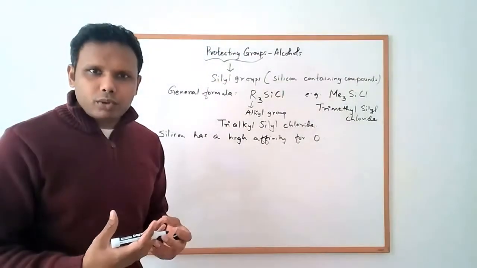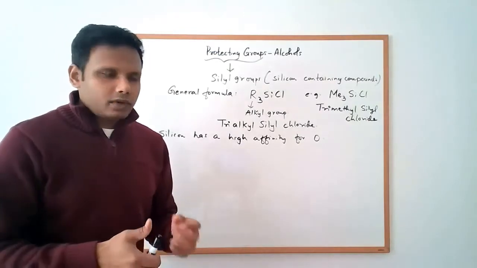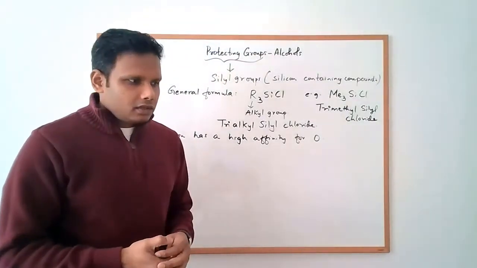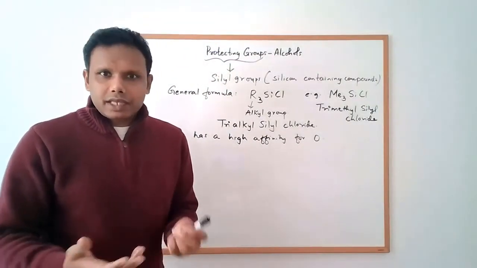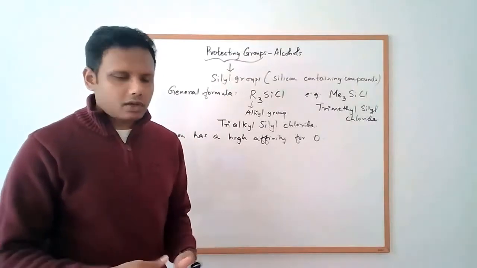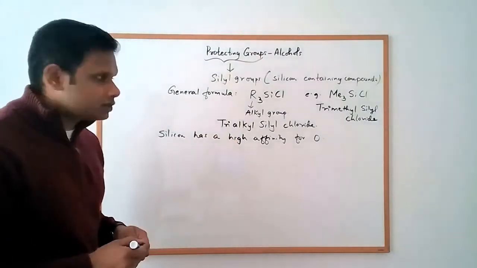So silicon-oxygen bonds are one of the strongest bonds. A classic manifestation of this is sand. Sand is basically silicon oxide, which contains a lot of silicon-oxygen bonds in it. So silicon has a high affinity for oxygen.